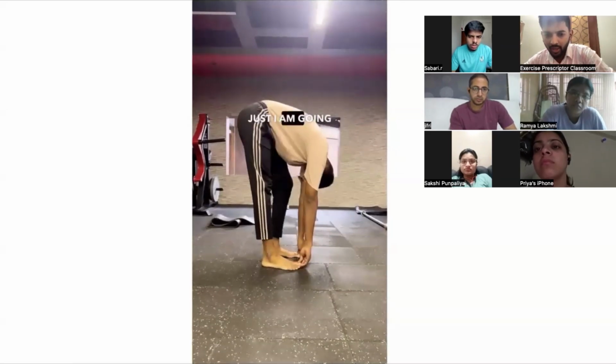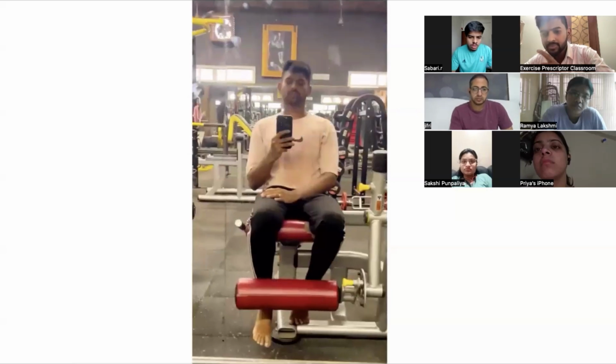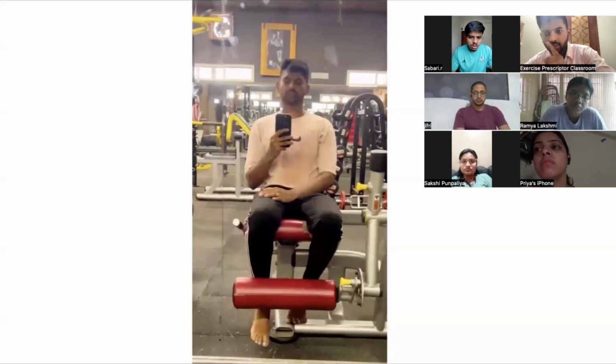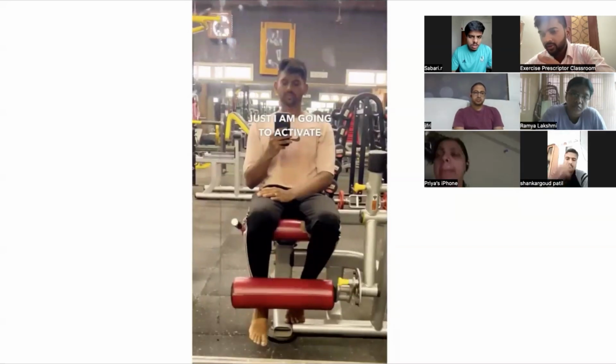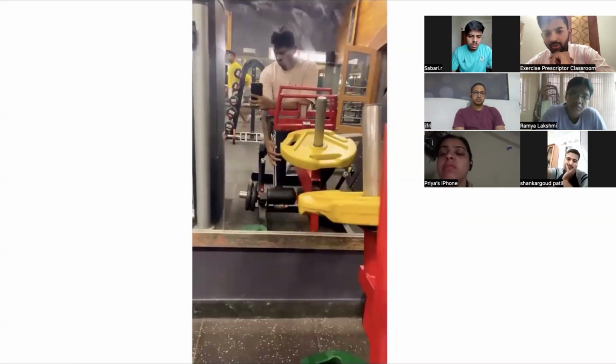What I did was activate the same-side quadriceps, because which muscles are not allowing me? Glute, hamstring, calf. So I decided to activate my quadriceps and tibialis anterior, the dorsiflexors.